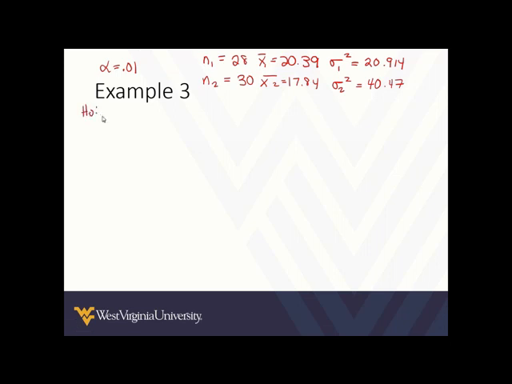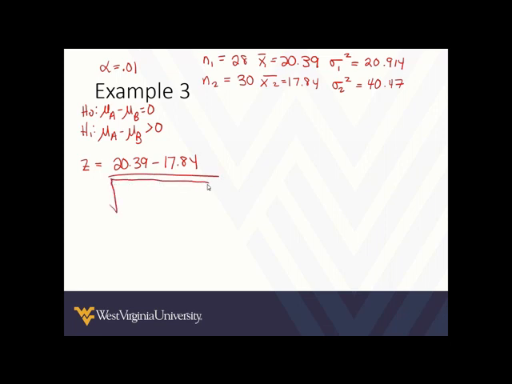We've established that our null hypothesis is mu A minus mu B equal to 0, and the alternative is mu A minus mu B is greater than 0. And so at this point, we can go ahead and calculate our test statistic, which would be Z equals 20.39 minus 17.84. We weren't told about any established difference, so we can leave it at that.